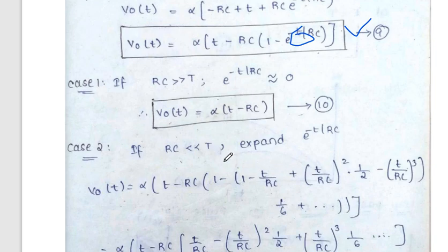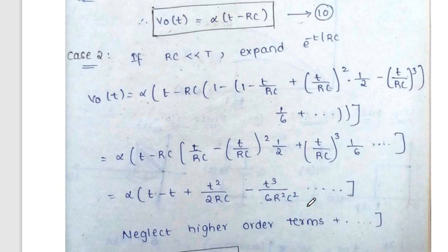If RC is far less than t, then expand e power minus t by RC. Then V naught of t is equal to alpha into t minus RC into 1 minus of 1 minus t by RC plus t by RC whole square into 1 by 2 minus t by RC whole cube into 1 by 6 and so on.